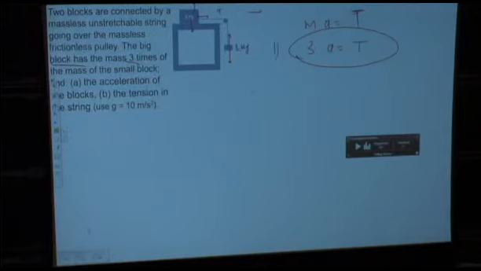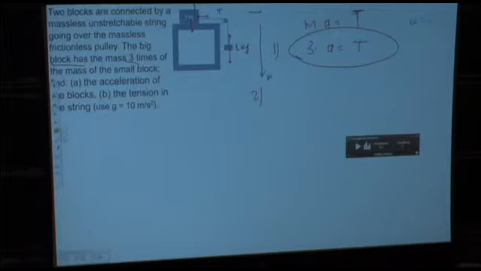That's the first equation. Now, what I did in my mind previously when I was solving this problem, I drew my positive vertical axis down. Let's call it W. Why not?